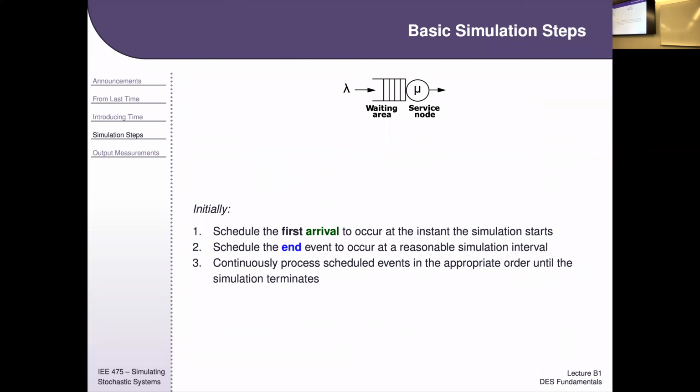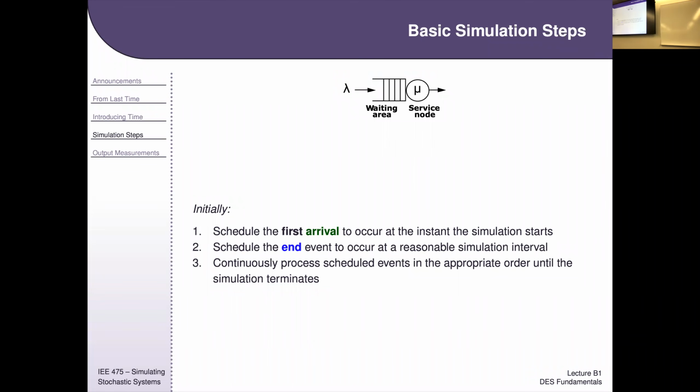All right, so whenever we're simulating a single channel queue like this one here, our first step is to schedule the first arrival at time 0, the instant the simulation starts. We also typically, and this is what you'll do in your homework, schedule an end event to occur after a reasonable simulation interval. In reality, sometimes the end events are state dependent, so sometimes you want the simulation to run until there are no customers left.